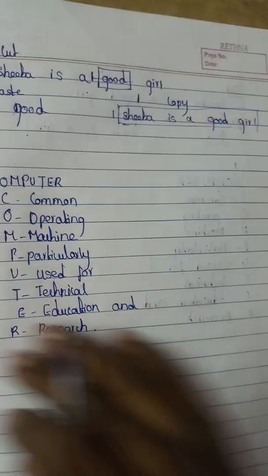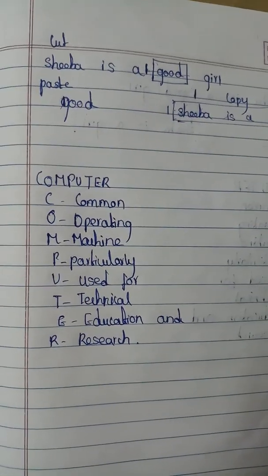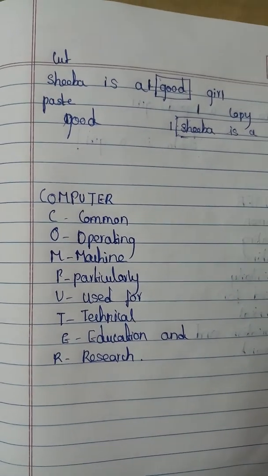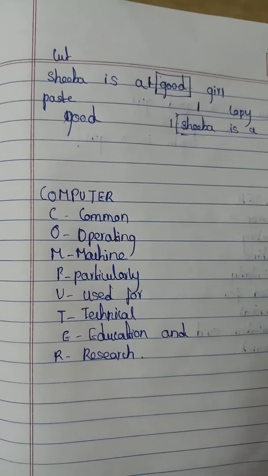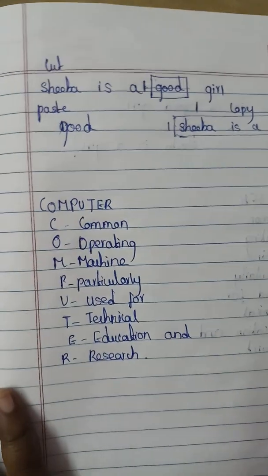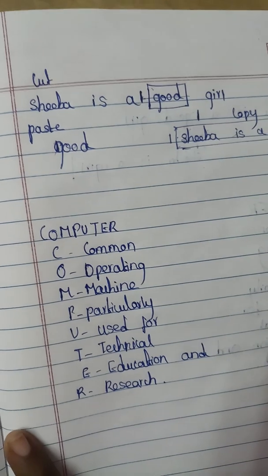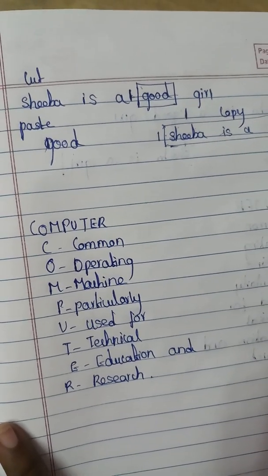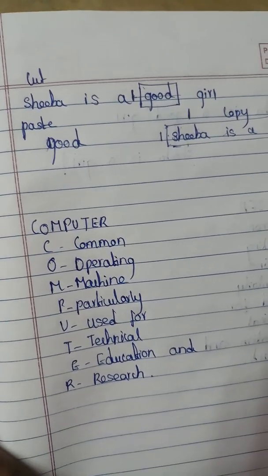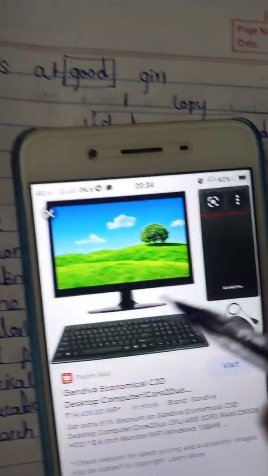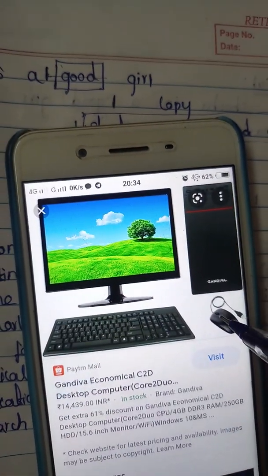Okay, then what is a computer? For what purpose are we using the computer? It has the ability to accept input, process it, and produce output.